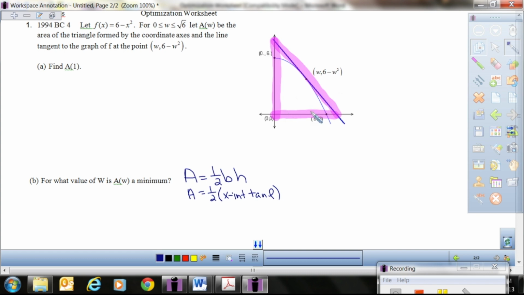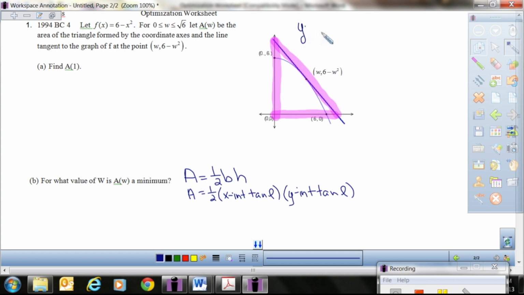If I could figure out the x-intercept, then that length from 0 to it would be the base of my triangle. The height of my triangle is where the tangent line crosses the y-axis, so the y-intercept of the tangent line. Because my base and height are parts of this tangent line, it makes sense to find the equation of the tangent line. So I'm going to go up here and work with that.